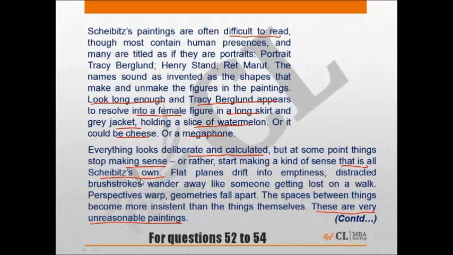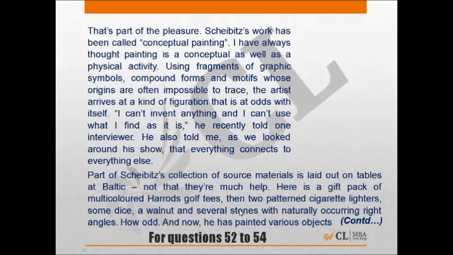That means the painter understands it, it makes sense to him, it does not make sense to me. Flat paints drift into emptiness, distracted brush strokes wander away like someone getting lost on a walk, perspective warps, geometries fall, space between things becomes more insistent than the things themselves. These are very unreasonable, confused, difficult to understand. I don't understand, maybe the painter understands, is all I can understand out of it.